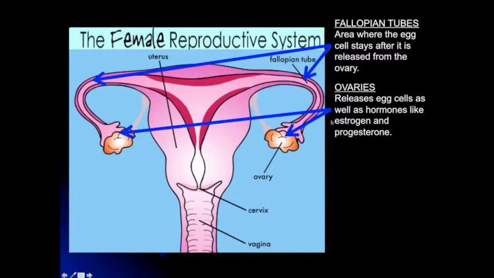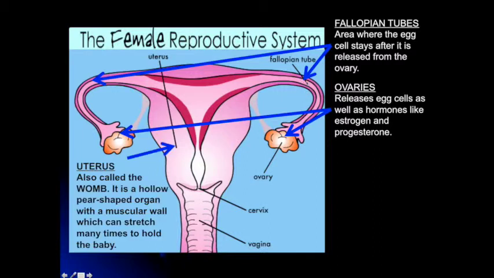Now, if the cell is fertilized, it goes into the uterus and embeds itself in the nutrients, the blood that's collected here. This upside down triangle shaped organ here is called the uterus. It's also called the womb. This is where the baby grows.